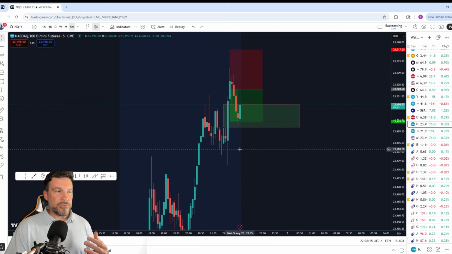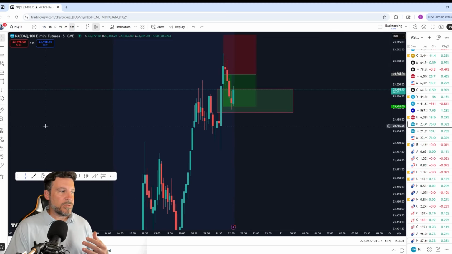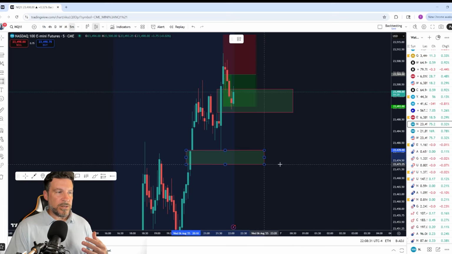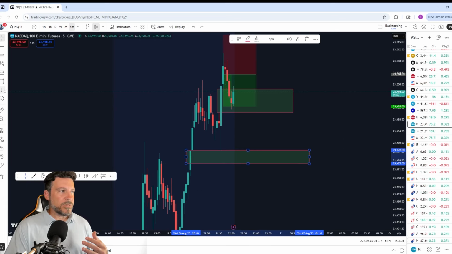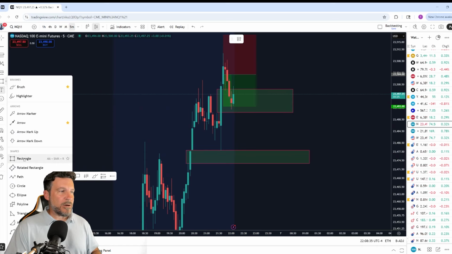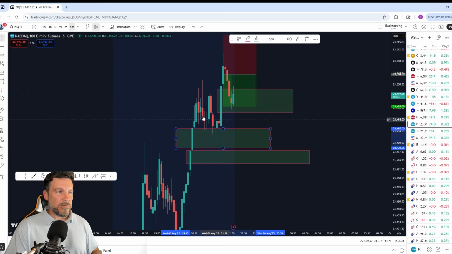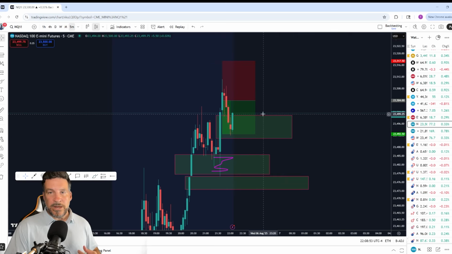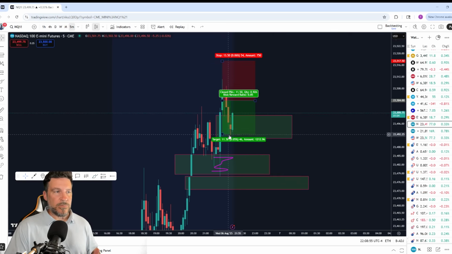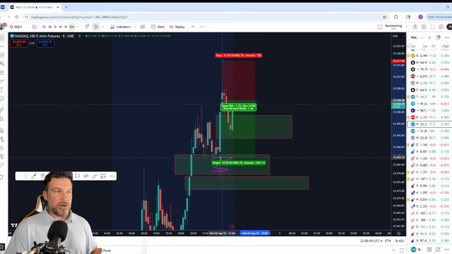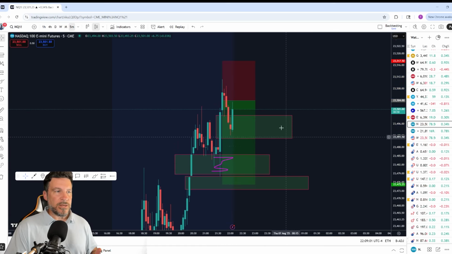There's this first 5 minute FVG, then there is another 5 minute FVG all the way down here. There is one here as well, but that was already mitigated. So I can either A, just take my profit somewhere in this fair value gap, or B, move my stop to break even and then try to target the lower fair value gap here.